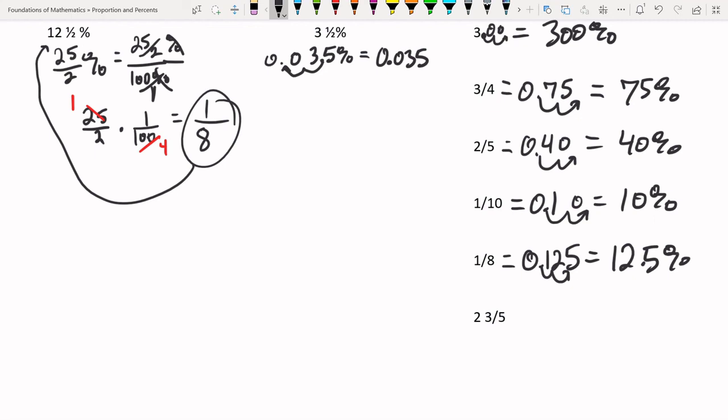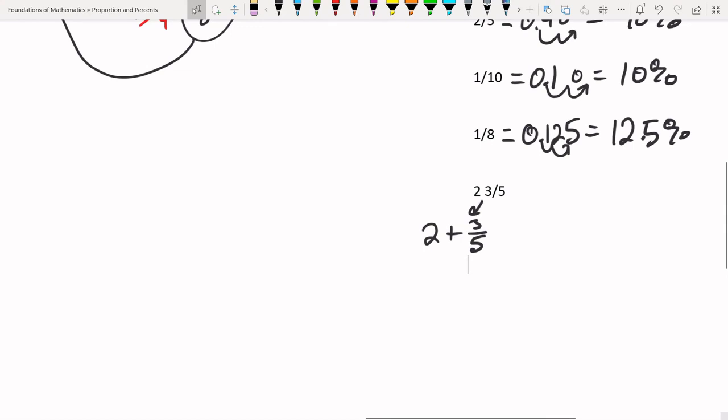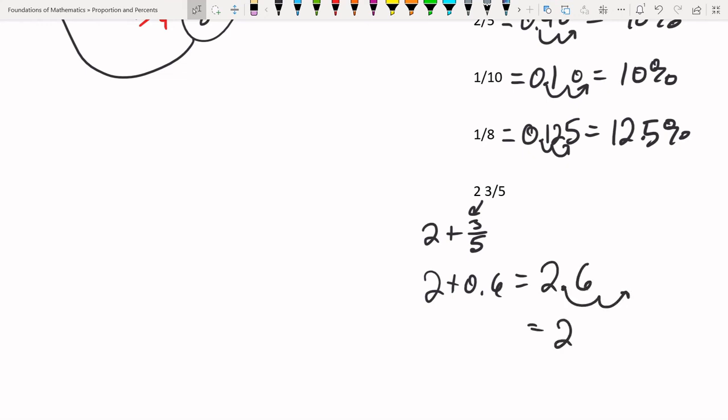It's pretty typical to write it as a decimal and not as a mixed number. 2 3/5. If you don't know, 2 3/5 is the same thing as 2 plus 3/5. 3/5 in your calculator gives you 0.6. So we have 2 plus 0.6, which gives us 2.6. 2 spaces to the right, we get 260%.